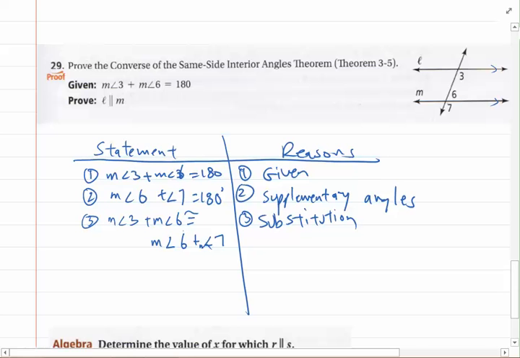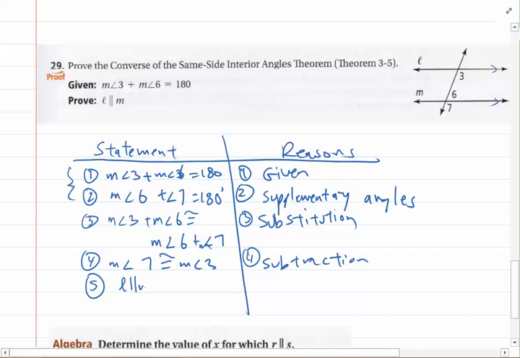We substituted these two together, and then we can say the measure of angle 7 is congruent to the measure of angle 3, by subtraction. And then we know that L has to be parallel to M. This is the converse of the corresponding angles theorem.